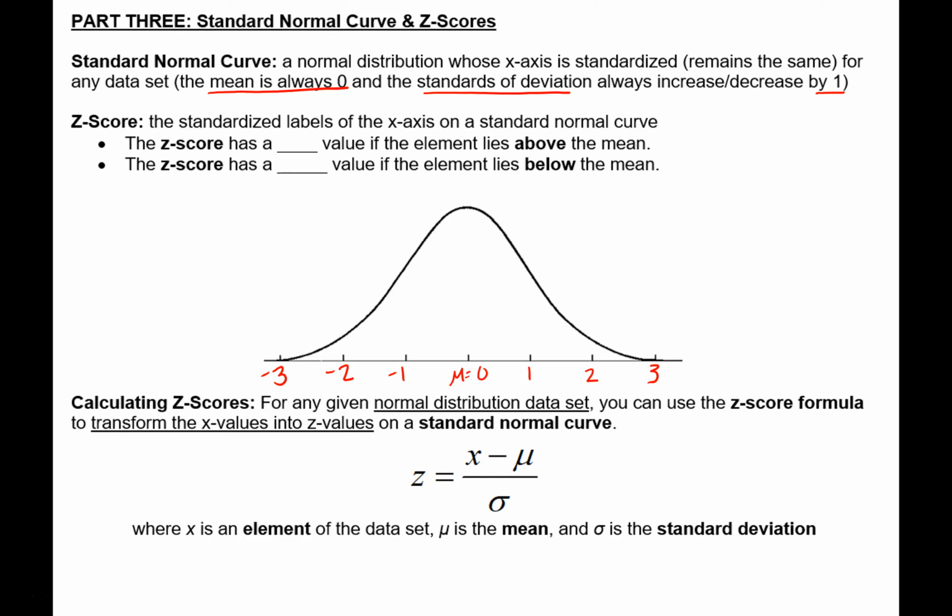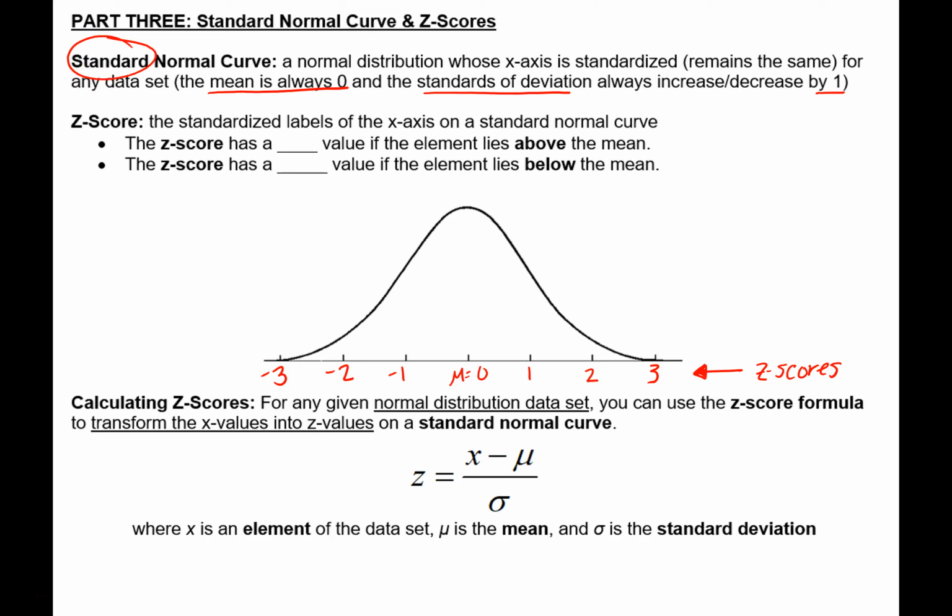So some things to notice is that when we're looking at a z-score, that is just the standardized labels of the x-axis. These numbers down here, we're calling the z-scores. They happen on standard normal curves.